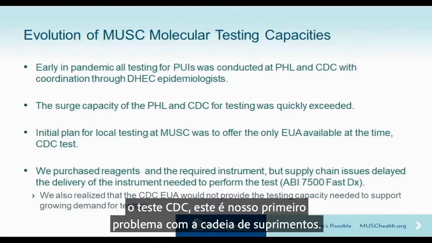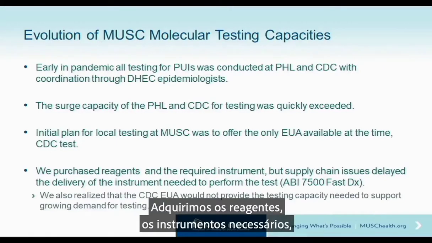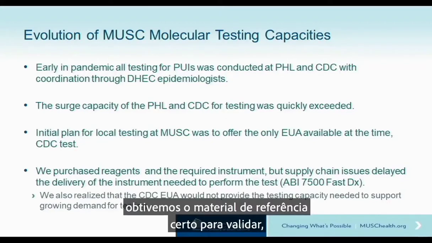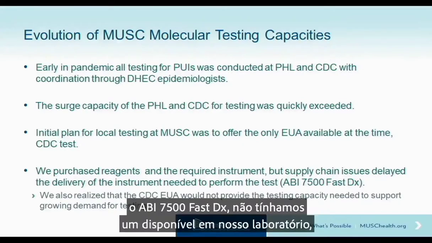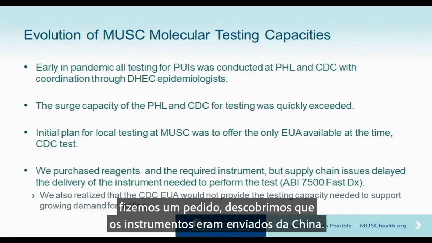This is our first issue with supply chain. We purchased the reagents and the required instruments, and we got the right reference material to validate, but we couldn't get the needed instrument to perform the test. The ABI 7500 FastDX, we didn't have one available in our laboratory. We placed an order.